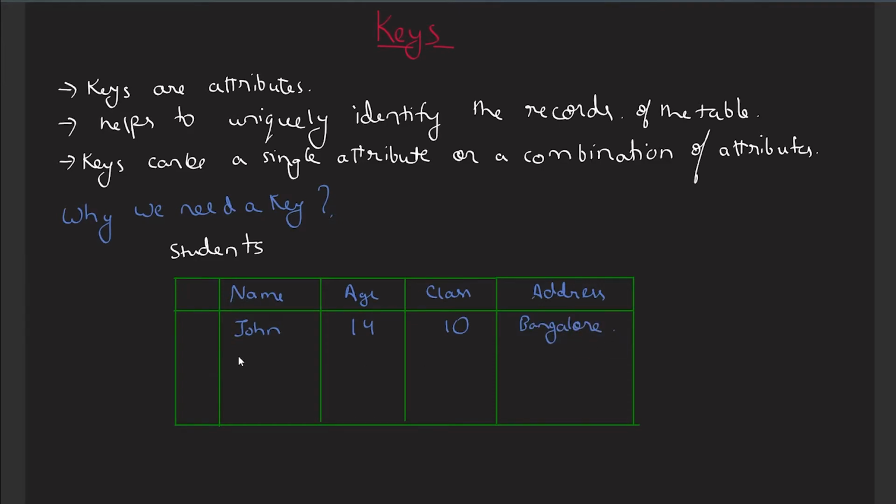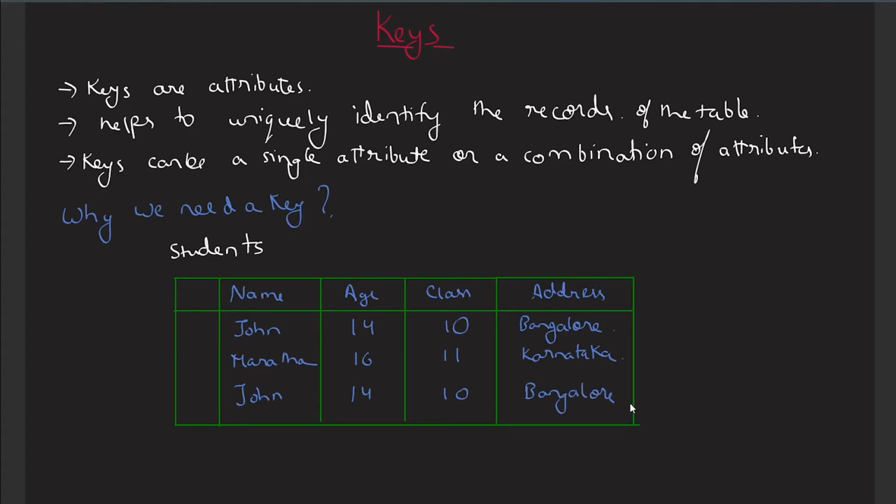Suppose there is another student, Martha, 16, 11, and she is living in Karnataka. This is just a sample example. Now suppose there is another boy named John, whose age is 14, who is also learning in the class 10th and who is also from Bangalore.